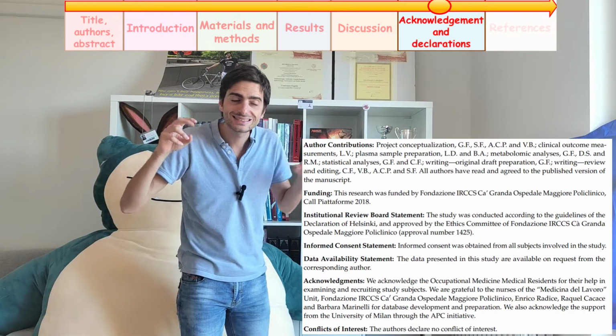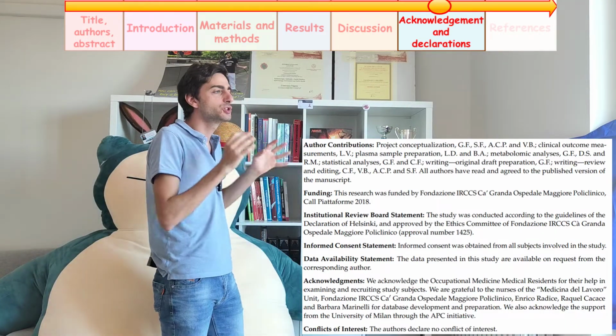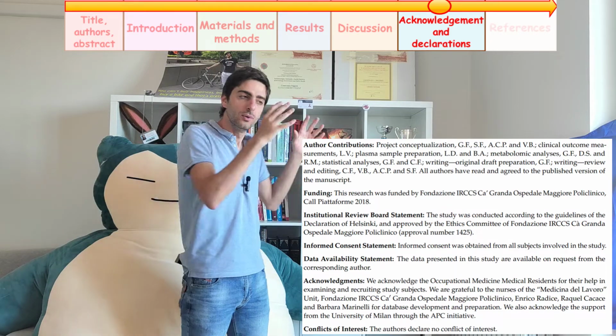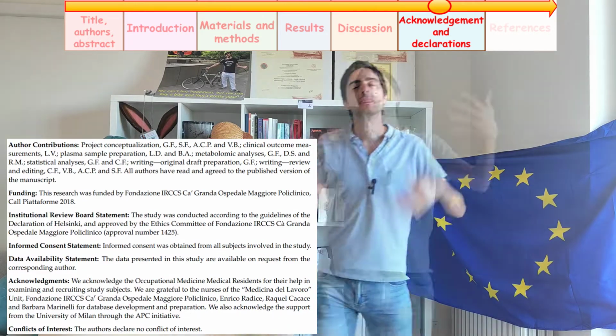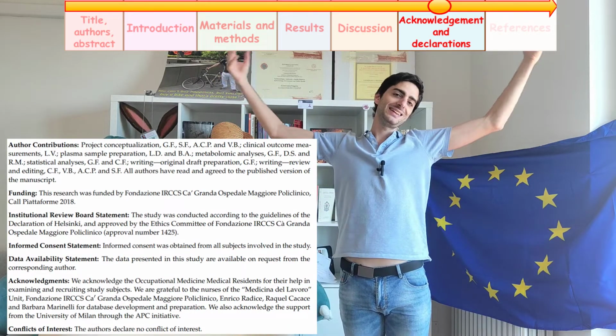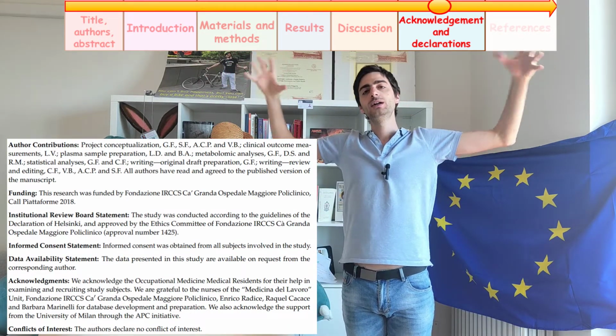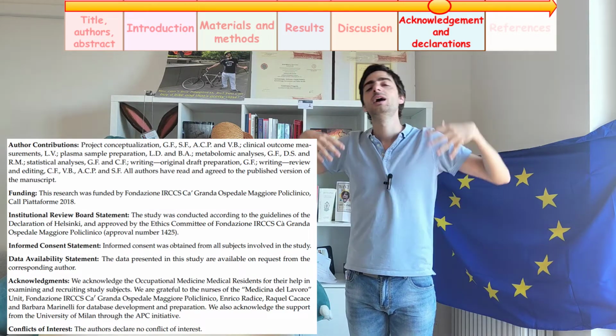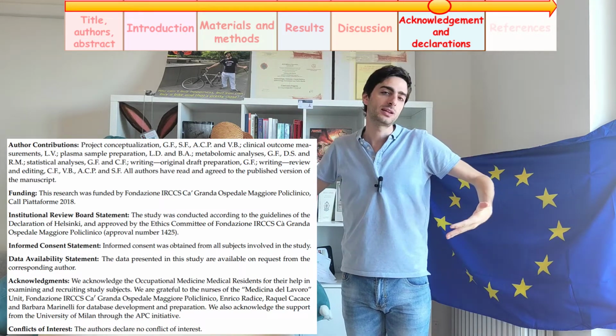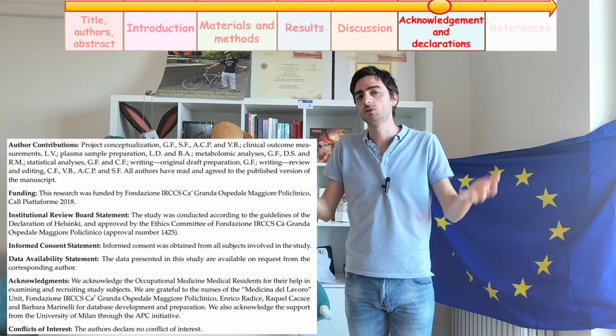The funding section, as we can call it, should report briefly where the money was obtained to perform the research. Because you know, guys, we are still in a war where money is, unfortunately in my opinion, very important. And this is very important also for science.